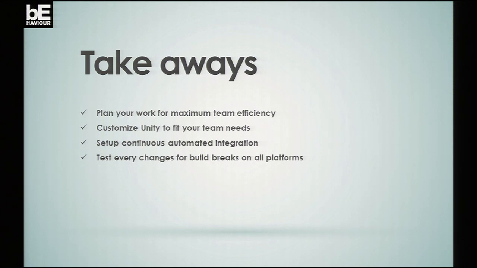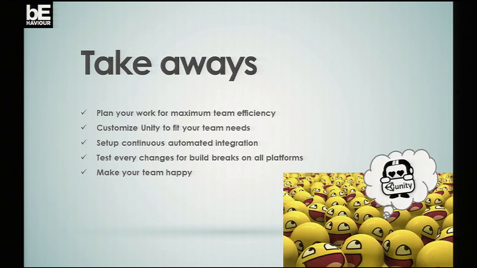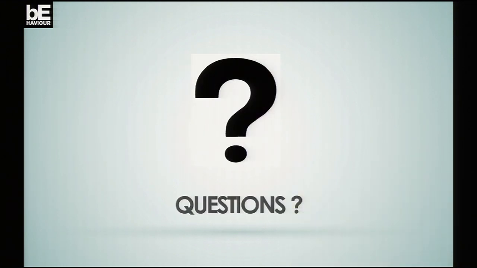It's your duty to remind them to test it on the platform. And if you have tools that let you switch quickly, there's a higher probability that they will be testing it and that fewer bugs will enter your build. And this will make your team happy. And that's it. Thank you.